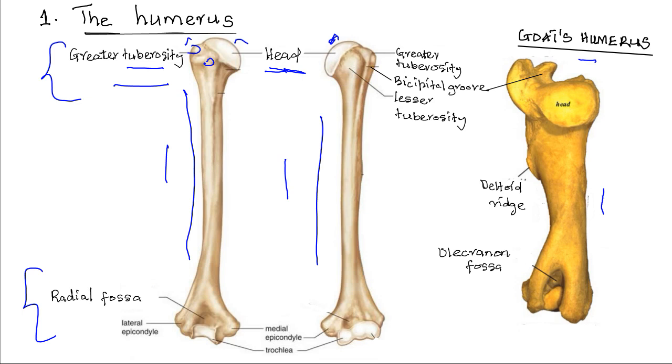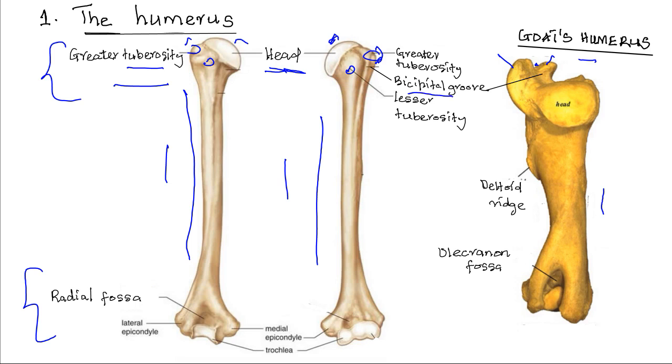You can look at them from this angle here. The greater tuberosity and the lesser tuberosity are most distinct in the goat's humerus. Then in between the 2 tuberosities, there is a bicipital groove.